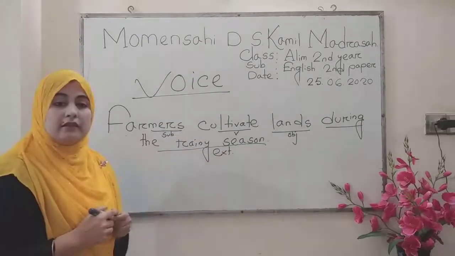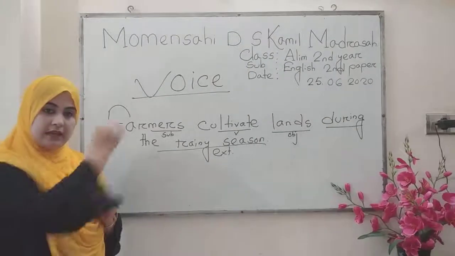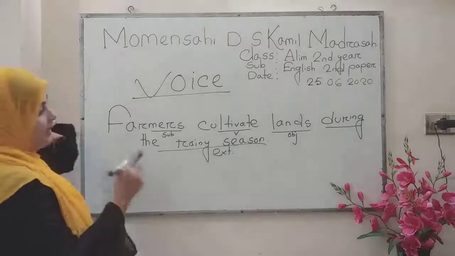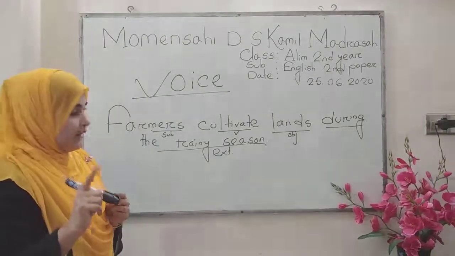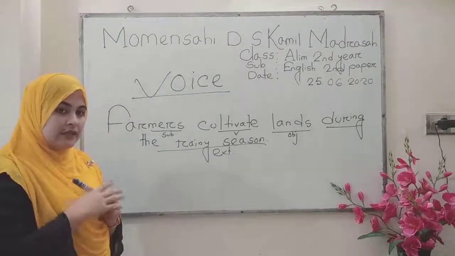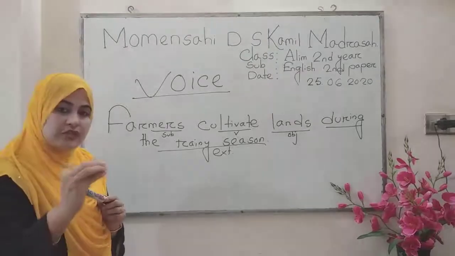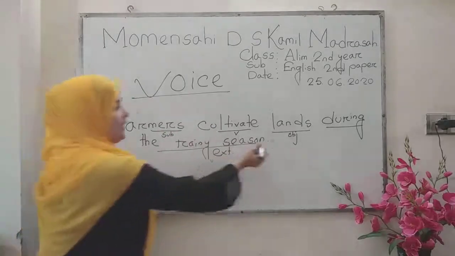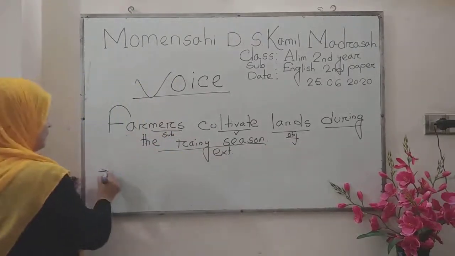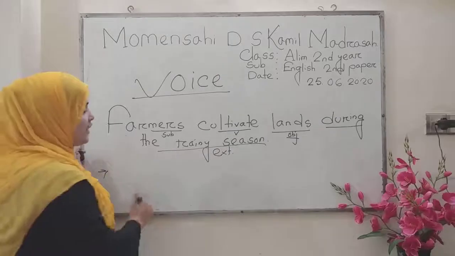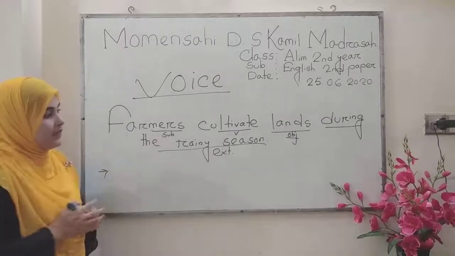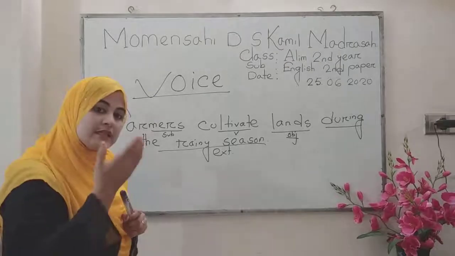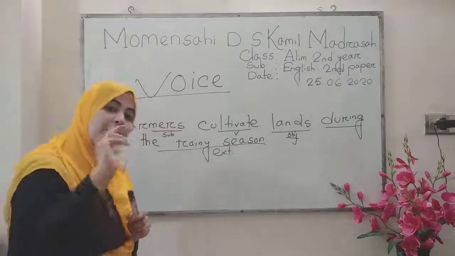Now, how can we change it, active to passive? Look, you must remember that in any voice, you have to transform the object. The object obviously transforms into the subject. That is, here lands becomes the subject in passive voice.